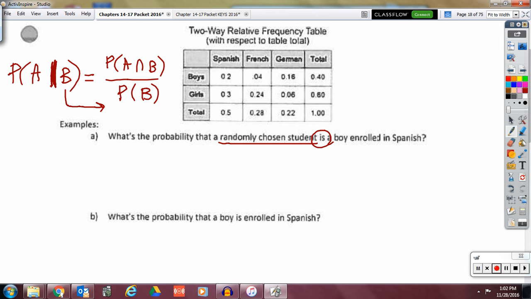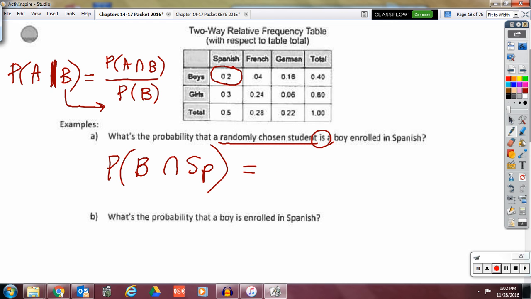So I don't have a given that situation here. I'm just wondering, what's the probability that this is a student that is a boy and in Spanish if I am picking from the whole big bag? Okay? You can think of it in terms of 100% is on the bottom. What is the portion that is the overlap of boys and Spanish?